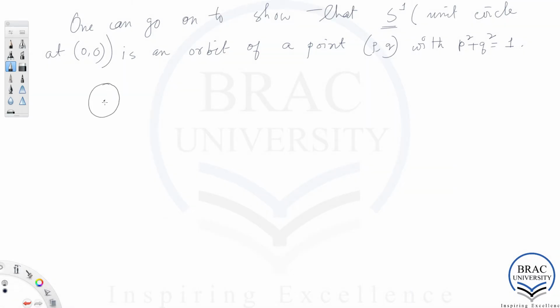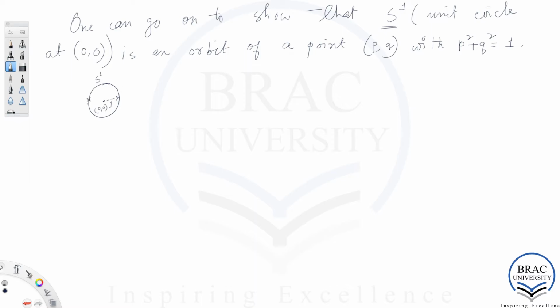If I take this unit circle, which is the circle of radius 1 centered at this point (0, 0), this is S1. So it is actually the orbit of a point lying on this circle.